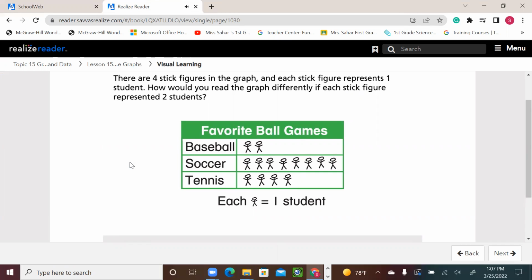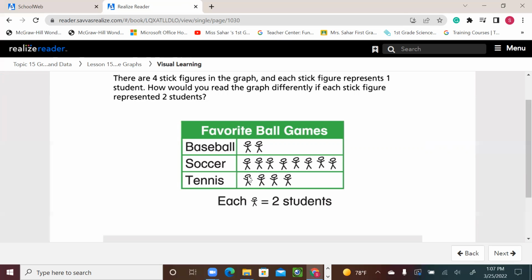How would you read the graph differently if each stick figure represented 2 students? So each stick figure means 2 students. I have 2 stick figures. That means for baseball, I have 4 students. And for soccer, 2, 4, 6, 8, 10, 12, 14, 16.